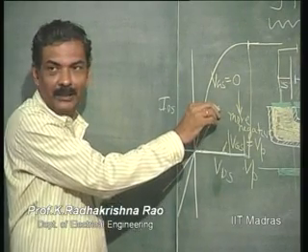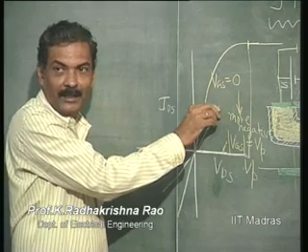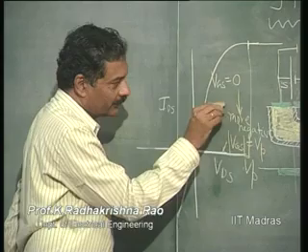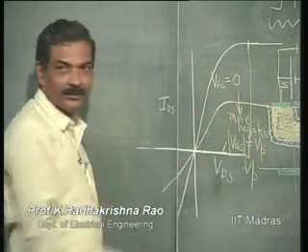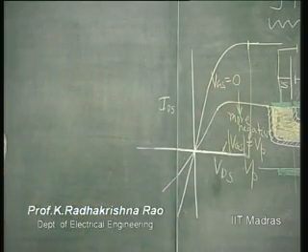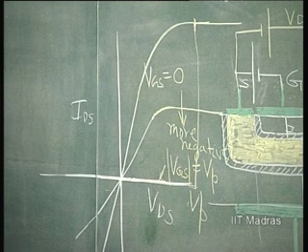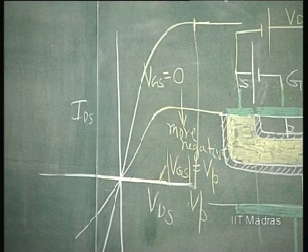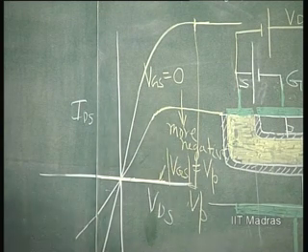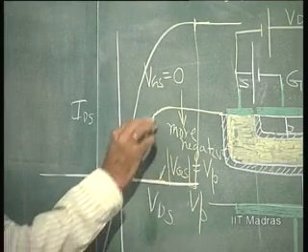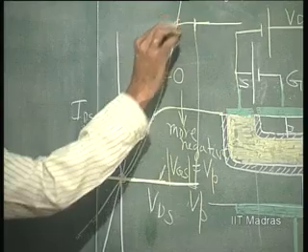So, at VGS equal to minus VP minus 1 volt, this will go to saturation. Let us say VGS equal to minus VP, then VDS equal to 0 itself, pinch off occurs. So, this is the kind of pinch off characteristics.